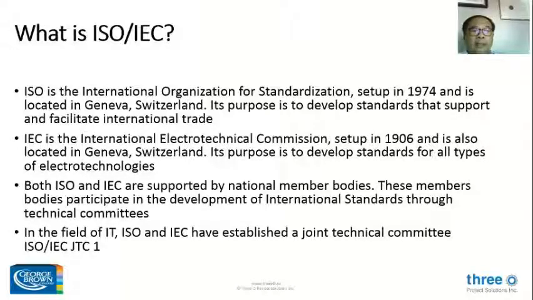Both of these organizations are supported by national member bodies. All the countries recognized by the United Nations can be part of the member bodies, and if you are a member body, then you can participate in reviewing the standard, developing the standard, and helping promote the standard. It's like any other international body.